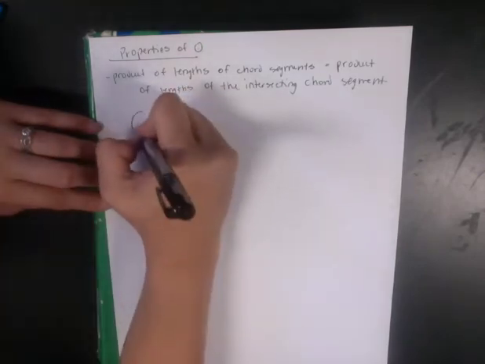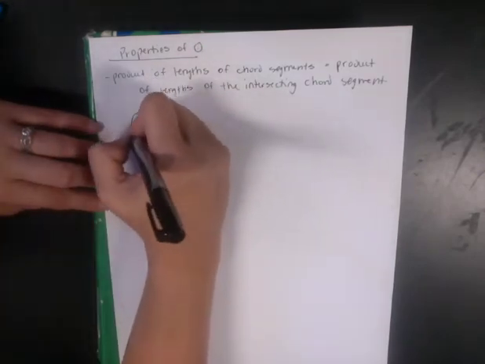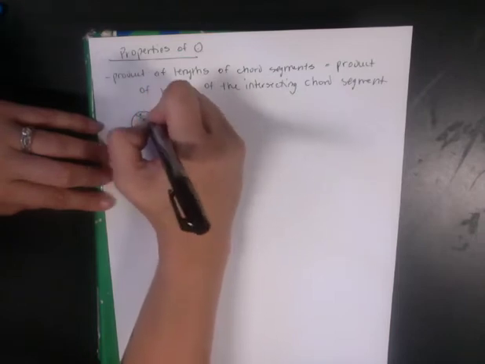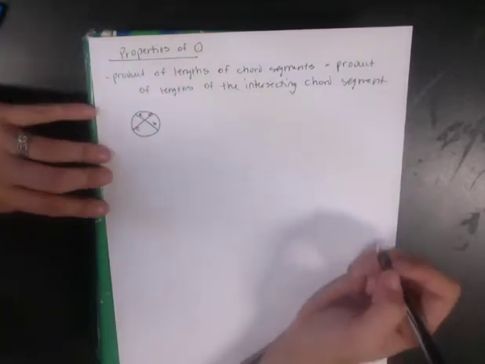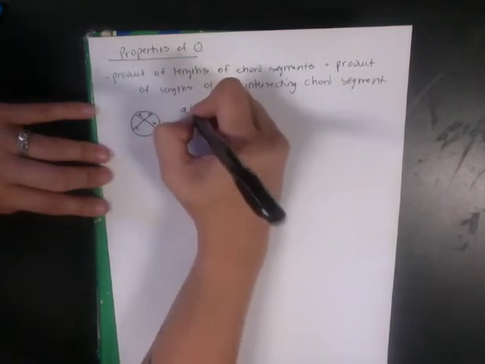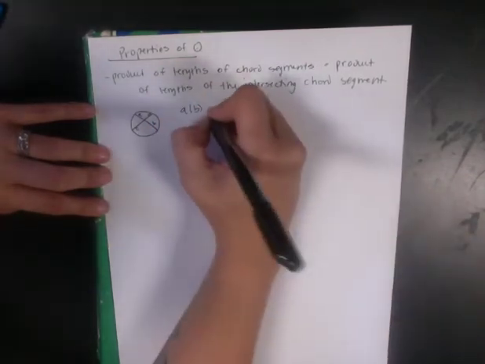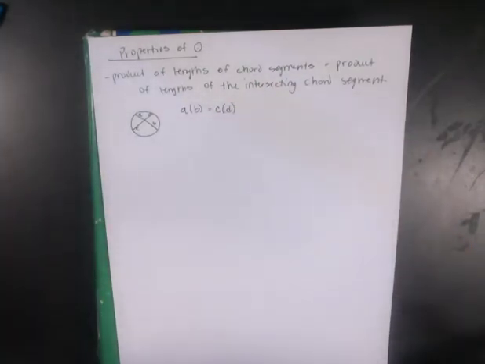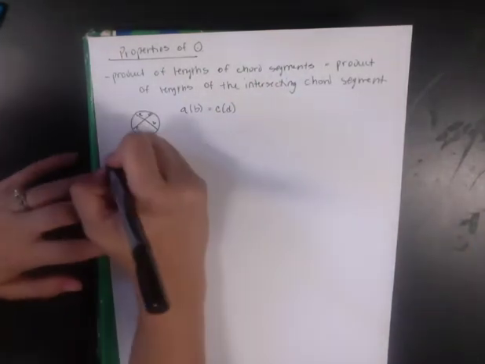So, if I said this was A, B, C, D, I can say that one chord is A times B, and it equals C times D. So let's do an example with that.